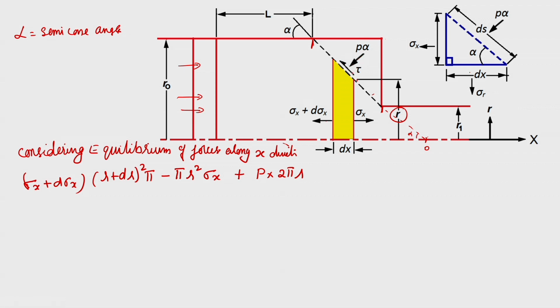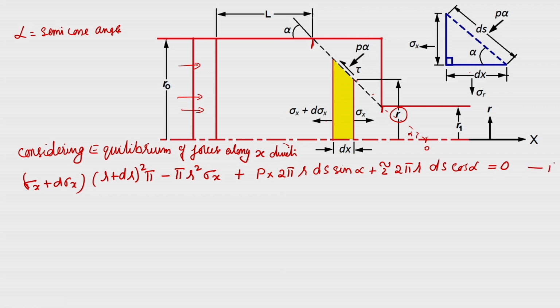Similarly, there is the shear stress at the interface between the die and the punch, which is represented by tau. So, for the normal stress, 2 pi r into ds sin alpha, plus tau, the shear stress component along the x axis, 2 pi r into ds cos alpha, is equal to 0.